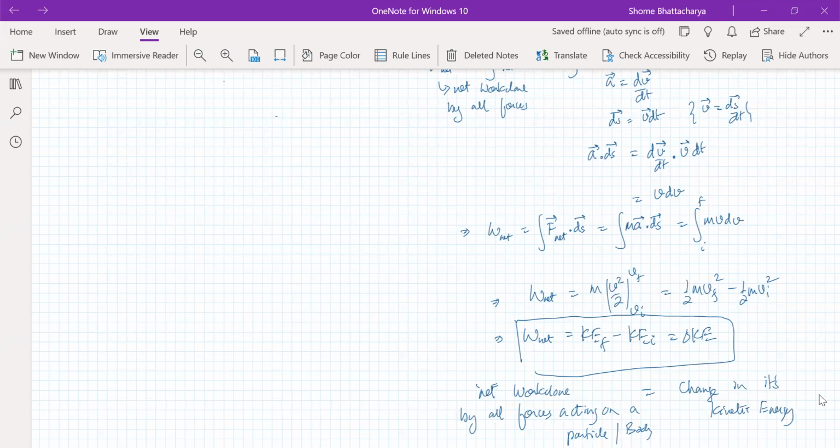Okay. So by calculating the net work done, we can find the change in kinetic energy of a body, where the kinetic energy is defined as half mv square. So the final kinetic energy is the value of half mv square at the final time. The initial kinetic energy is half mv initial squared. So the change in kinetic energy is nothing but the net work done, or you can say the algebraic sum of work done by all the forces acting on a body.